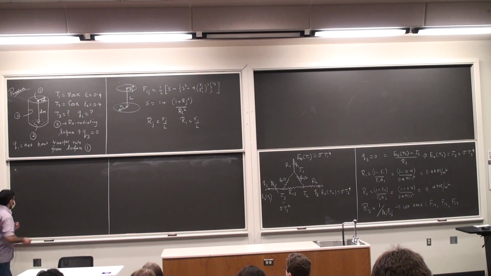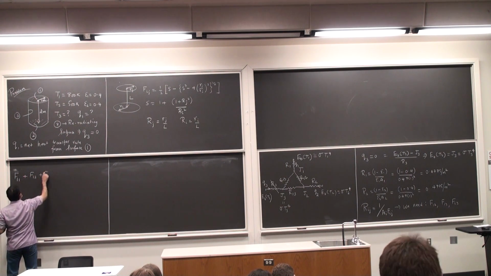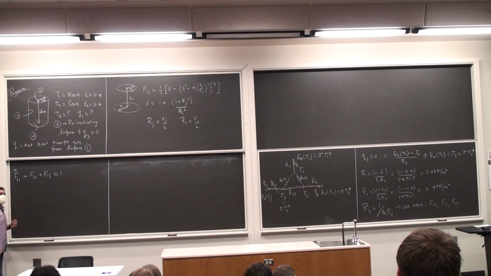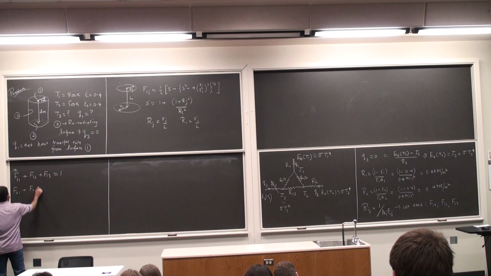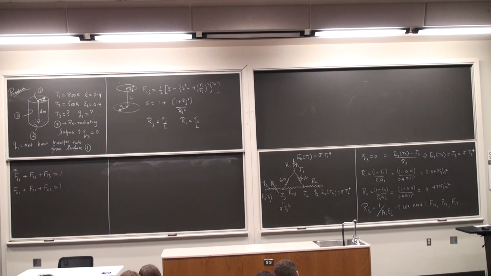Okay? Alright, so F12. This is a fundamental equation that we can make use of. Then F21, F22, F23 is also equal to 1. I typically like to write these for the flat surfaces because I know that for a flat surface, F11 is 0.